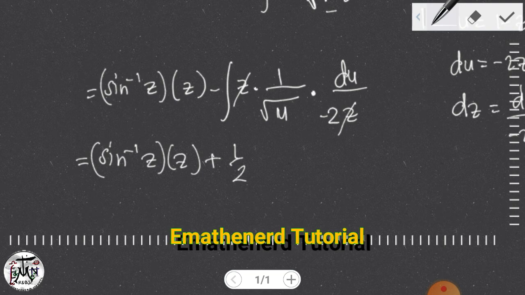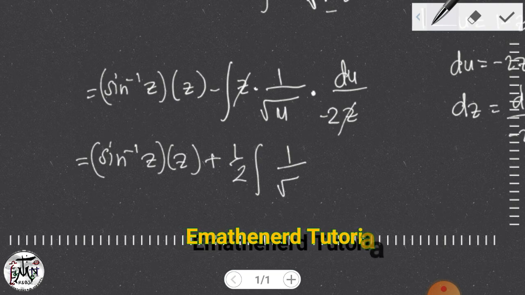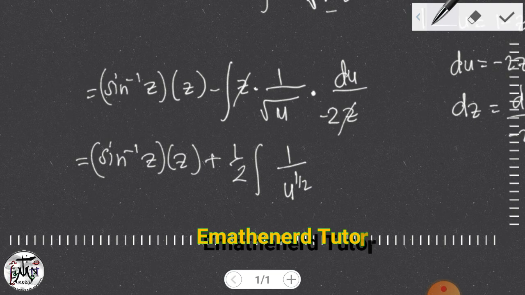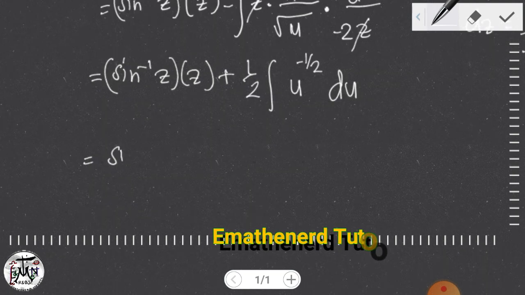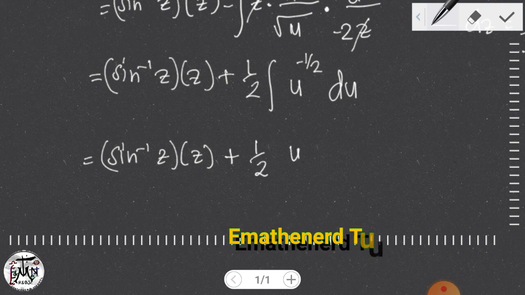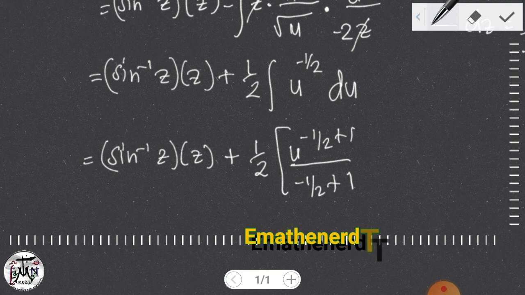Then 1/2 the integral of 1 over the square root of u, or 1 over u to the power 1/2. When we raise it from the denominator, the exponent is negative: u to the power negative 1/2 du. So we have sine inverse z times z plus 1/2 times u to the power negative 1/2 plus 1, over negative 1/2 plus 1, plus c.